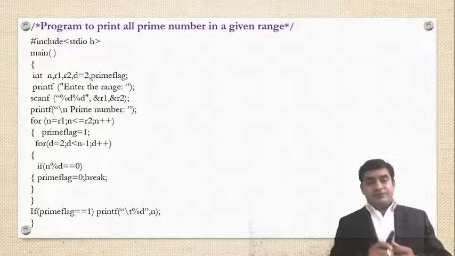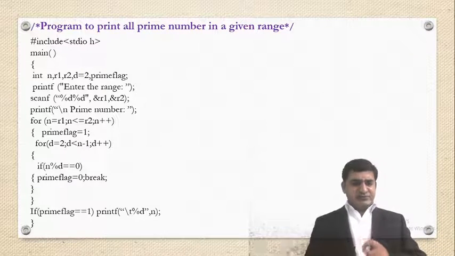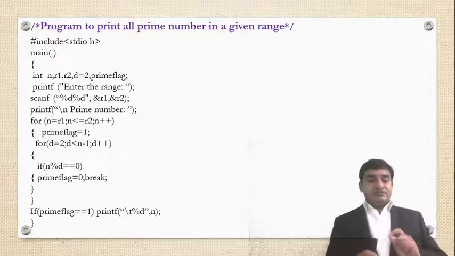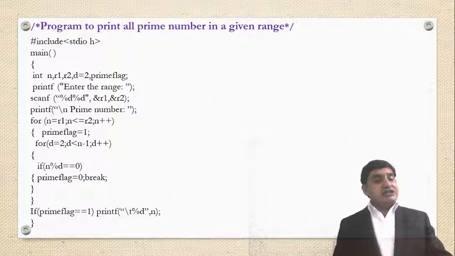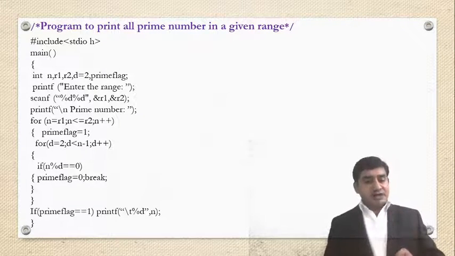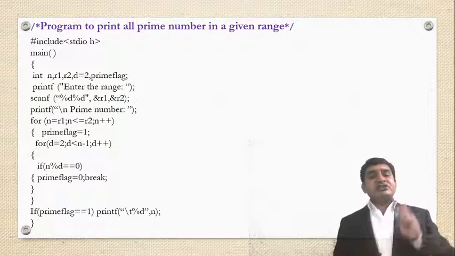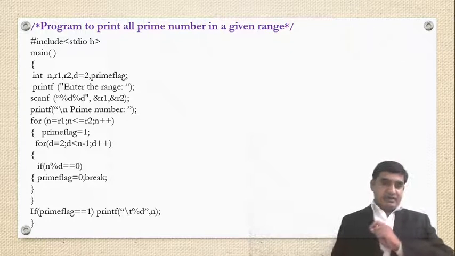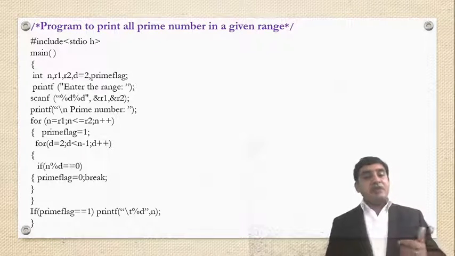Okay, if prime flag is equal to 1, then print n if this condition is true. That is a prime number.